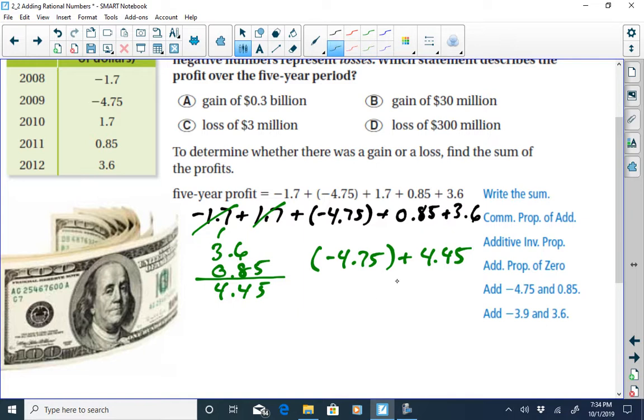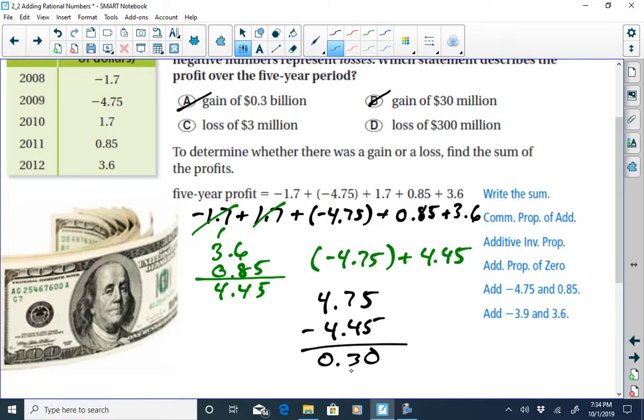So if I know there's a loss though, I know I can cross out A and I can cross out B, because we have some kind of loss, so it cannot be a gain. All right, so let's do the next step. I need to subtract these two numbers, so 4.75 minus 4.45, that's going to be 0.30. So now this is 3/10 of $1 billion.